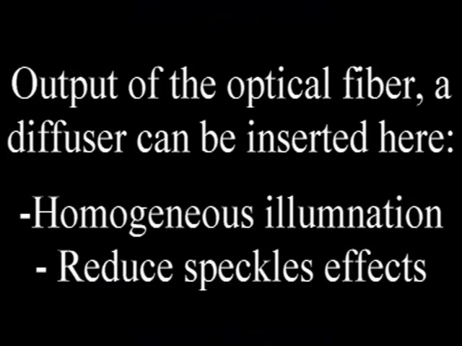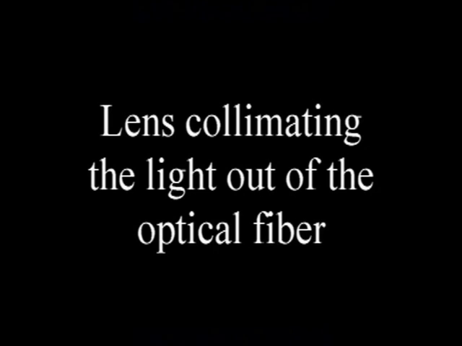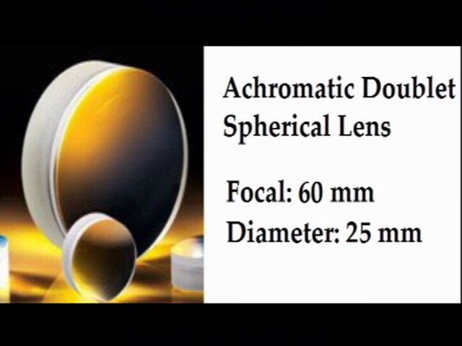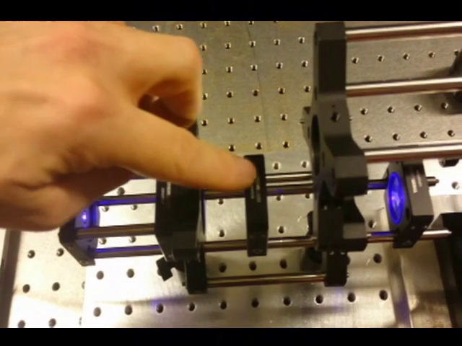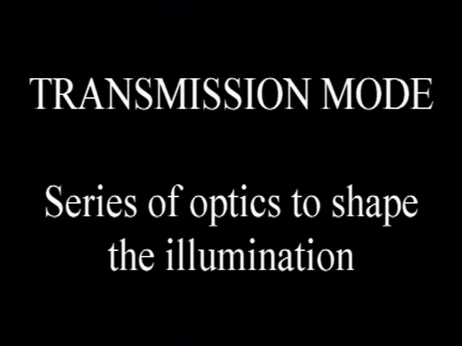The light gets out, and you can use a diffuser just at the output to have a homogeneous illumination and reduce speckle effects. Here we have another lens to collimate the beam. This lens is exactly the same as the one used before, 60 millimeter focal length and 25 millimeter diameter. Then you can use additional lenses.